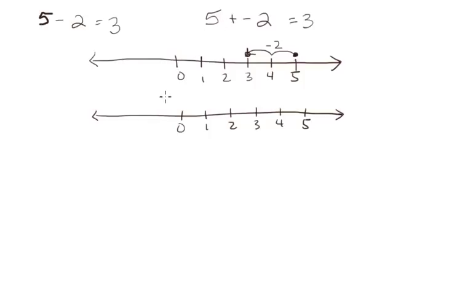If I go plus 5, so now I'm at 5, and I add a negative 2. So I'm going to represent that as adding negative 2. So this line is negative 2. So I'm adding a negative 2. I end up at 3.